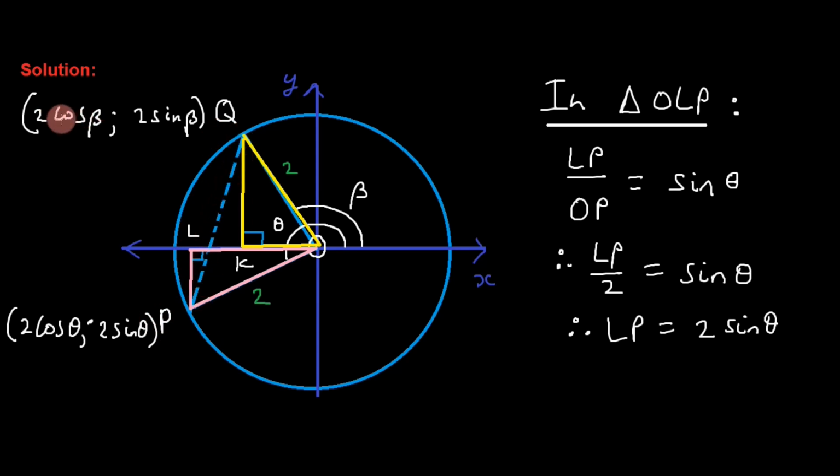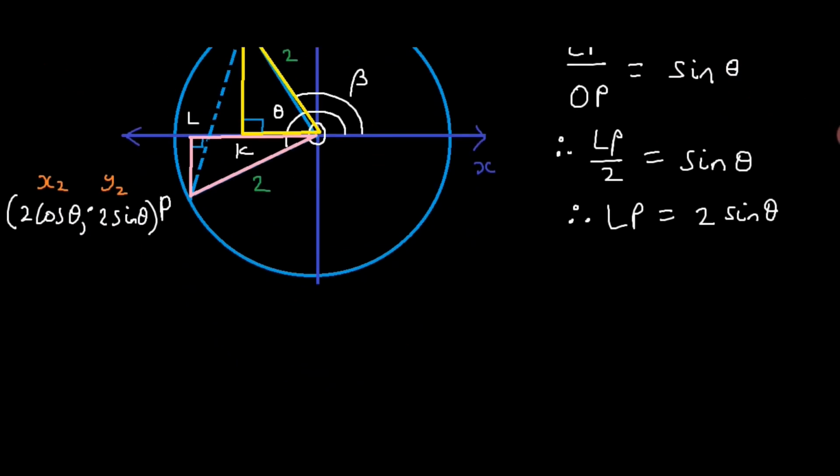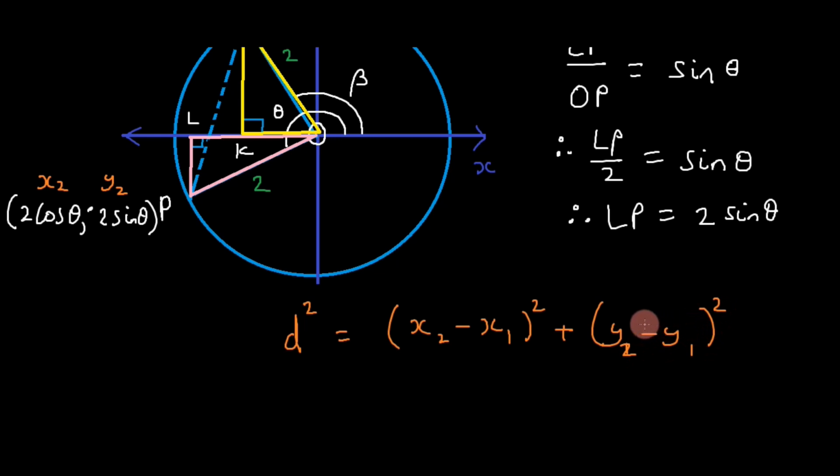So if we let the coordinates of Q, for example, be x1 and y1 respectively, and those at P be x2 and y2 respectively, then the distance formula says the distance squared is the difference between x2 and x1 all squared plus the difference between y2 and y1 all squared.